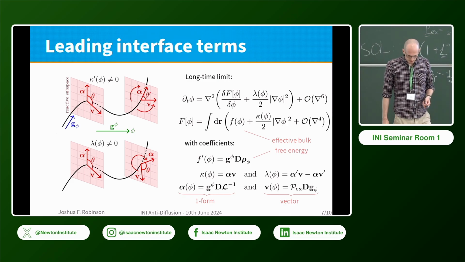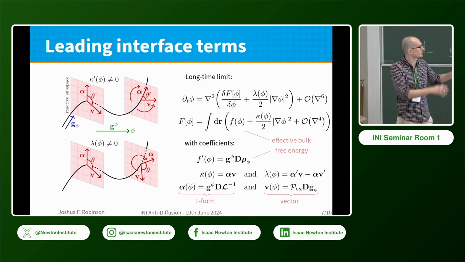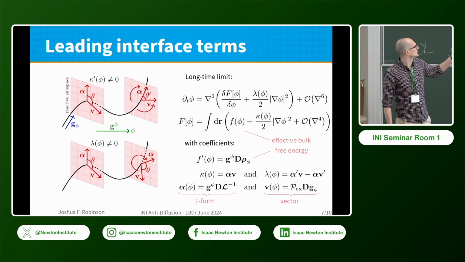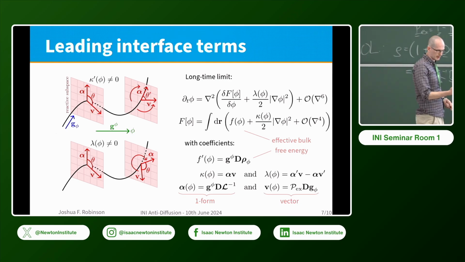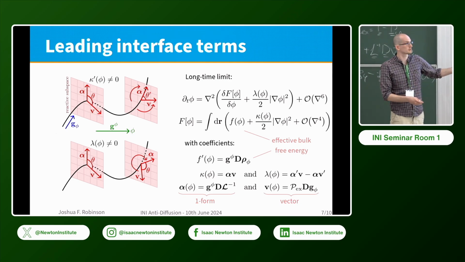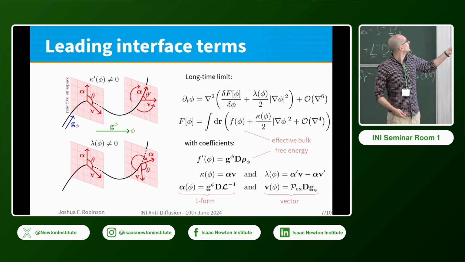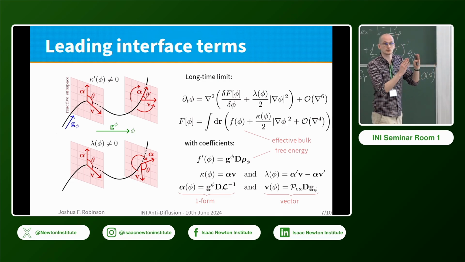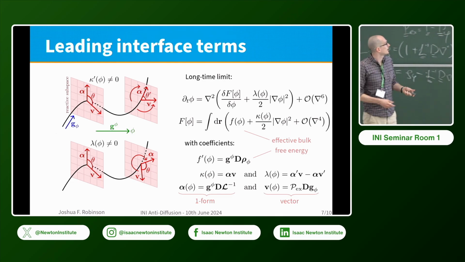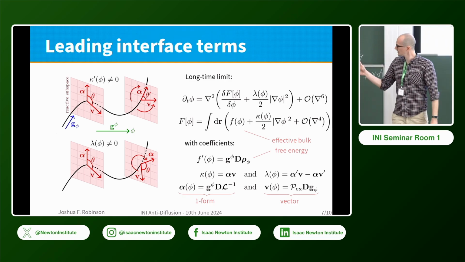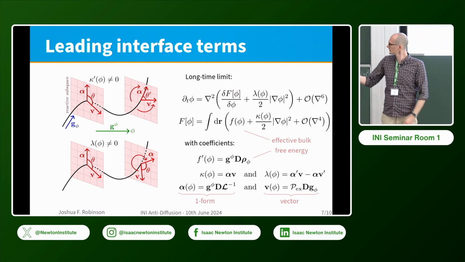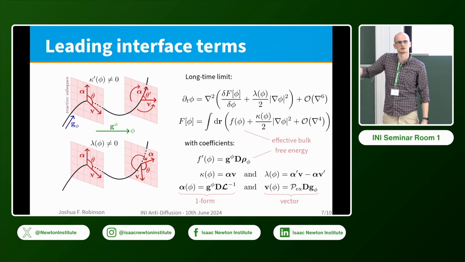There's a cute geometric interpretation in this approach of the lambda term, and you also have a square gradient term from kappa prime. These represent two natural directions. Kappa prime relates to a change in the angle between them, and lambda is a torsion. If I move in the conserved direction, there's a rotation.